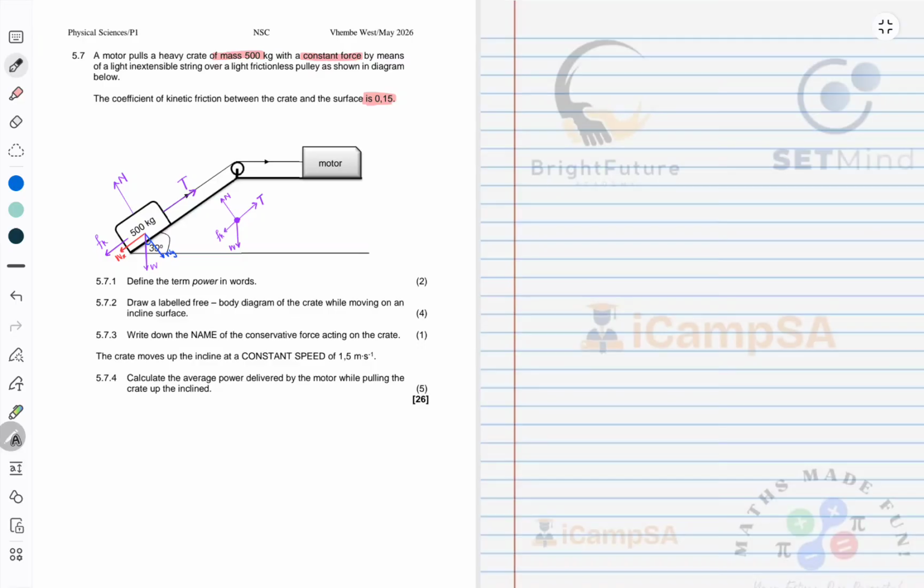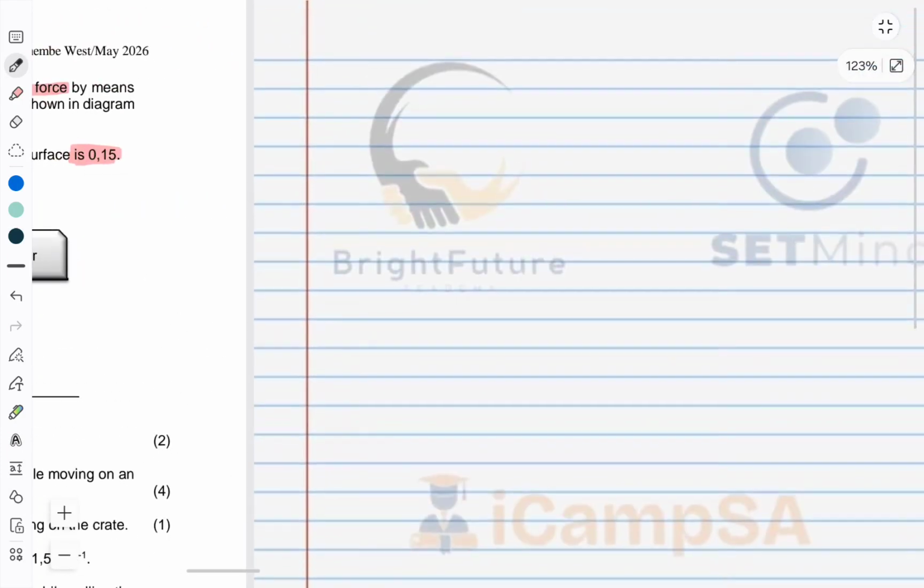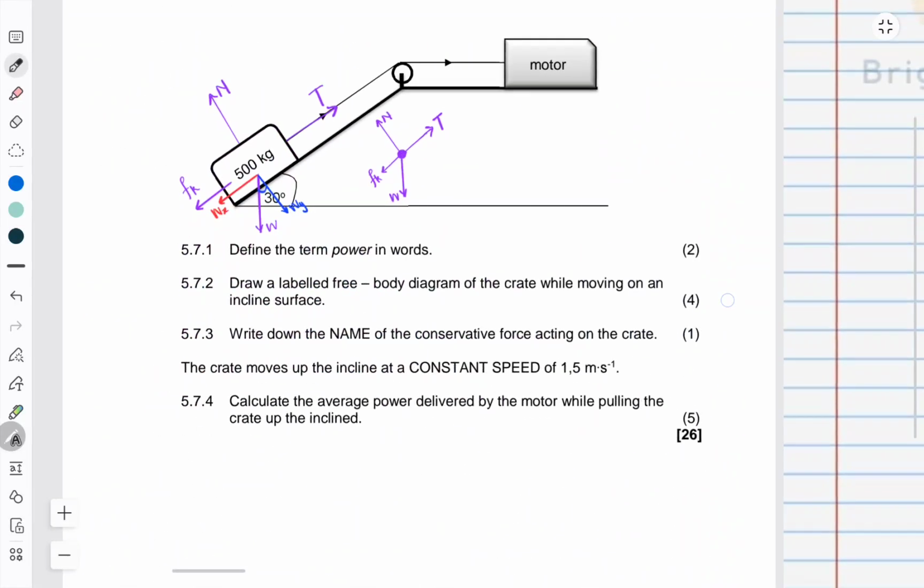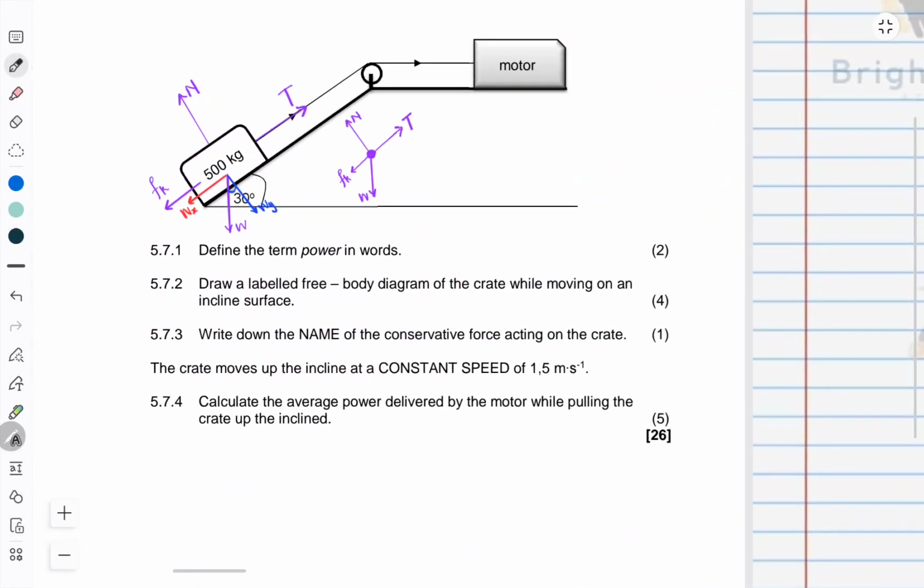All right, so define the term power in words, right? If you remember, power is the rate at which work is done. That's it. That's the simplest definition of power that even the formula tells you. You can say P, something like this. It's the rate at which work is done. So did they specify, or did they say in words?